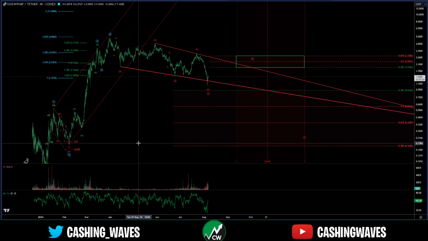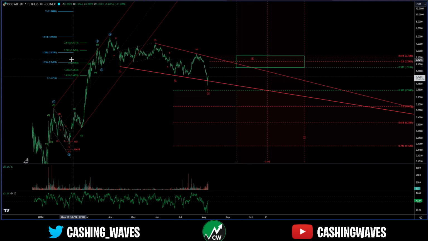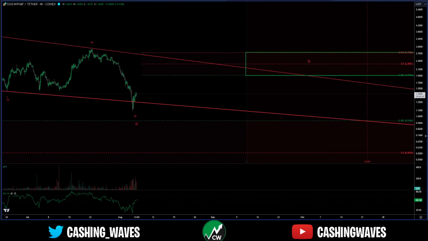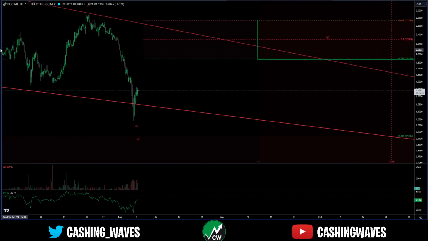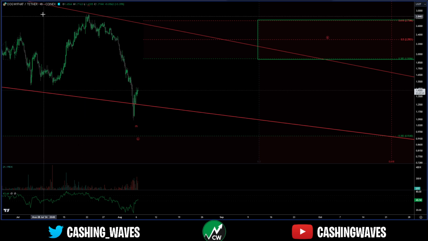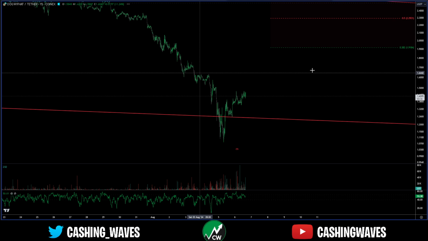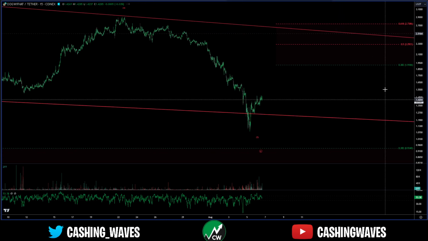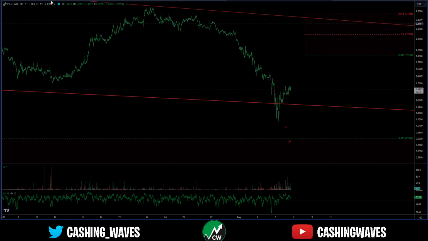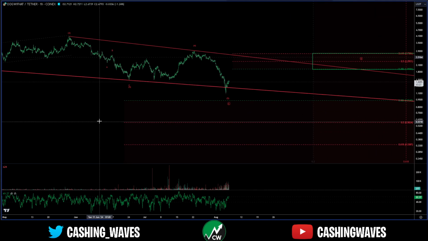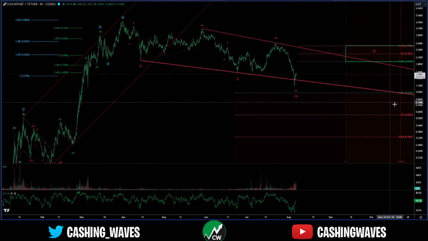So looking for zigzag patterns. Usually that's what you want to instinctively look for, is zigzags, so 5-3-5. So going to be paying attention here, looking for a trade setup if we get a nice 5-wave move on, say, the 15-minute chart. It's not a bad C-wave trade setup if we do get a nice 5-wave move, but as of right now, I don't really see anything there, similar to everything else.